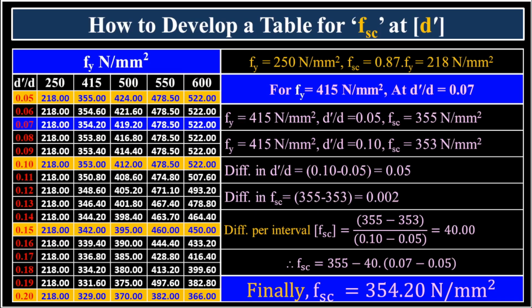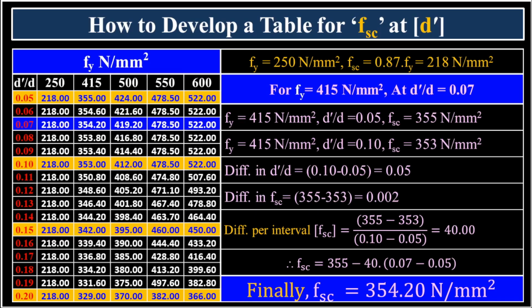Now, let's look at the right side of the slide, which demonstrates the interpolation process. Say we're aiming to find the FSC value for Fy equals 415 Newton per square millimeter, at d/d equals 0.07. How can we do that?